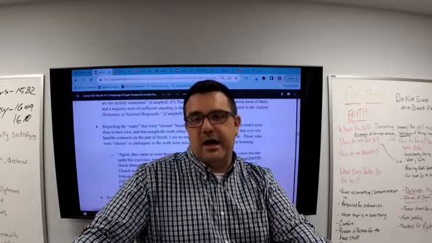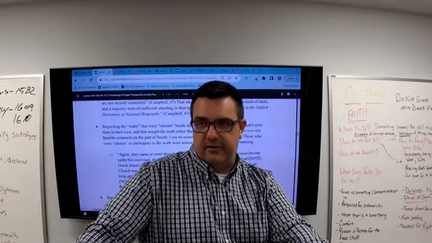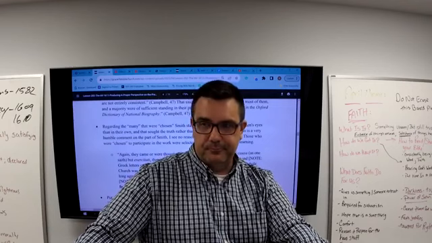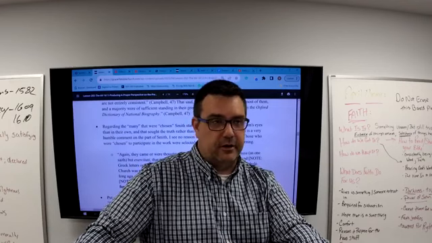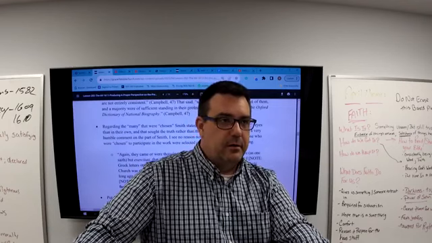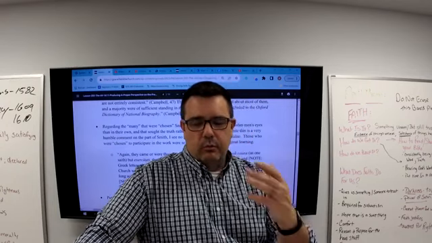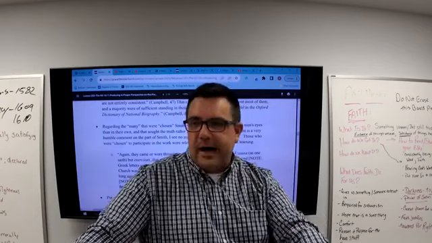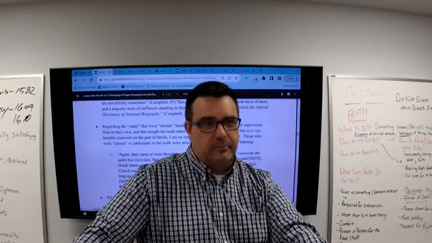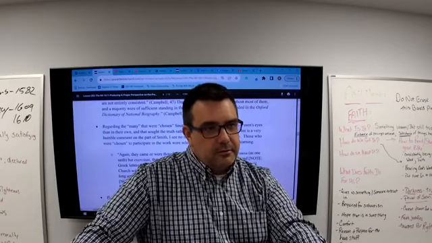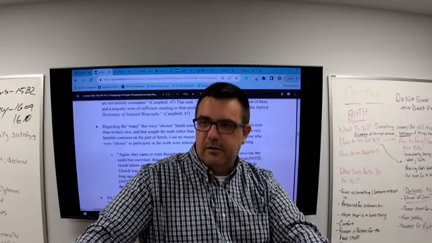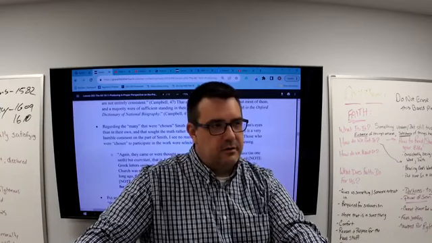Look, I'm serious. I've got people that are mad at me right now on social media because I dare look at a Greek word. Well, where do you think the translators got these English words from? They got them from where? The original languages.